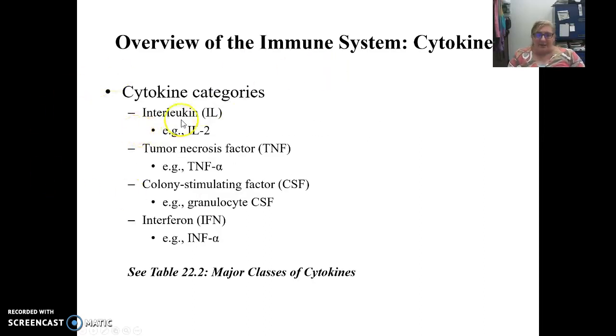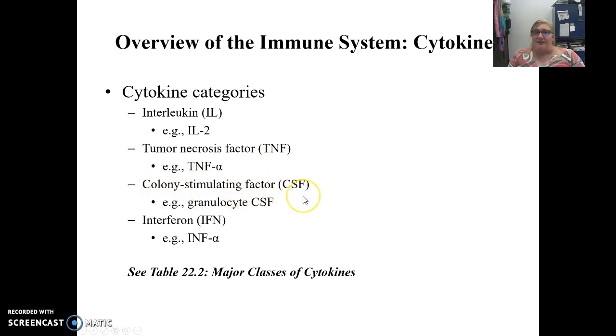So interleukin 2, interleukin 4, here's an example: interleukin 2 and 4 actually stimulate B and T lymphocytes to proliferate, producing lots of copies of themselves, and differentiate into either the active form or the memory cells. Tumor necrosis factor is going to cause a cell to undergo apoptosis.